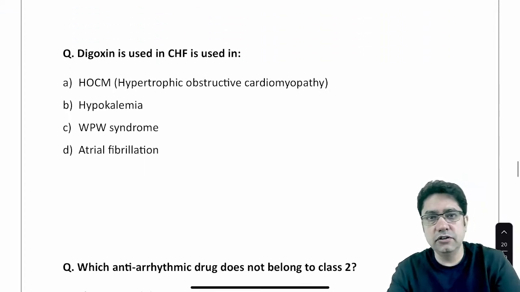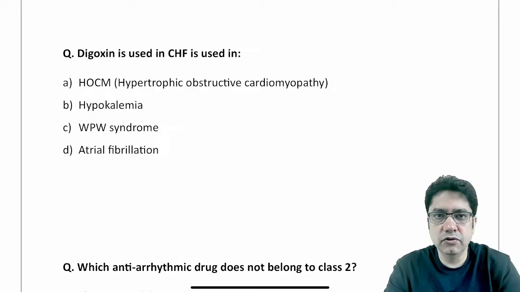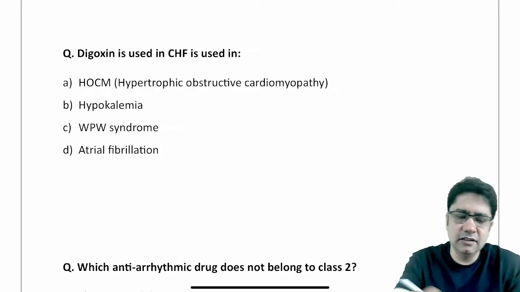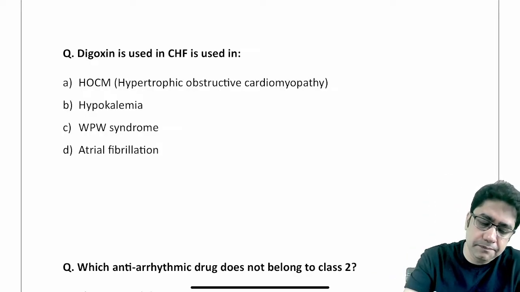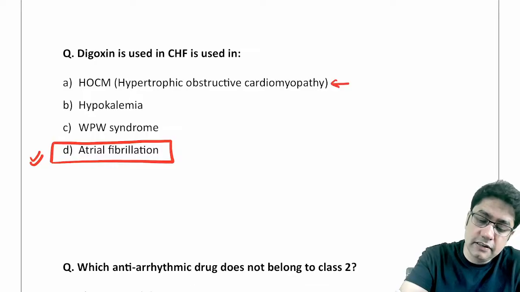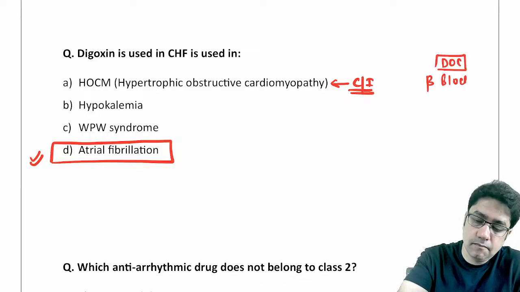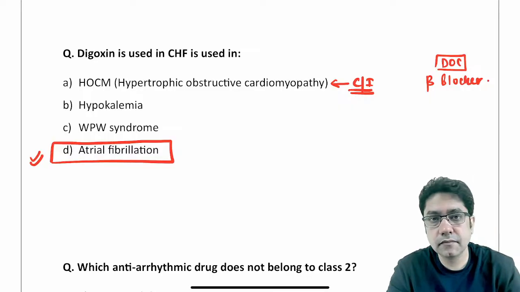So digoxin is used in CHF. Another use of digoxin, the question is not framed properly. So digoxin, remember, it can be given in atrial fibrillation. Digoxin is absolutely contraindicated in HOCM. In HOCM, the drug of choice is beta blocker. Fine.